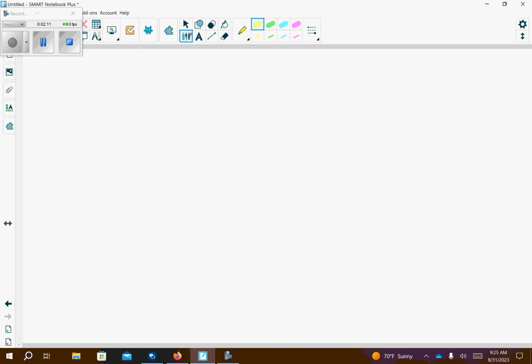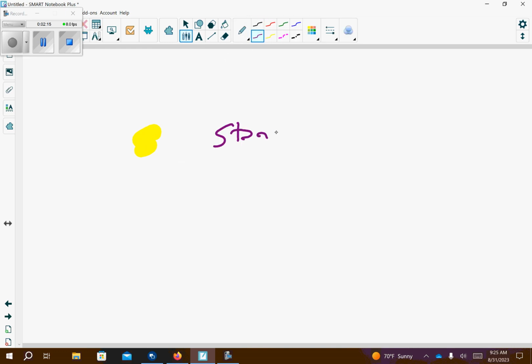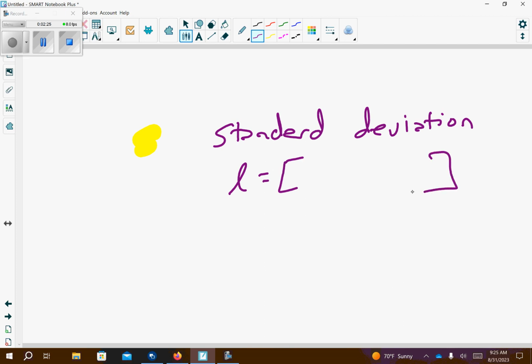Another term we want to talk about is called the standard deviation. Now, for the standard deviation on Desmos, you would put your list in of a whole bunch of numbers, and then you can type STDEV, or you can find it here.